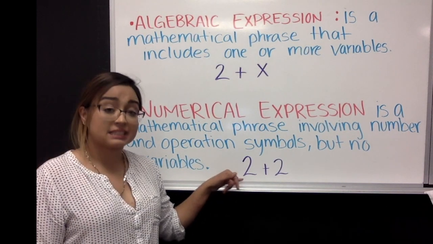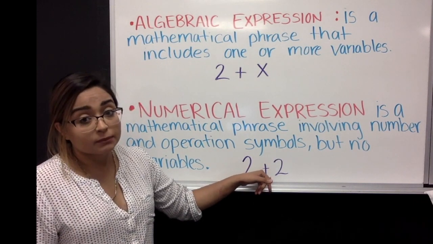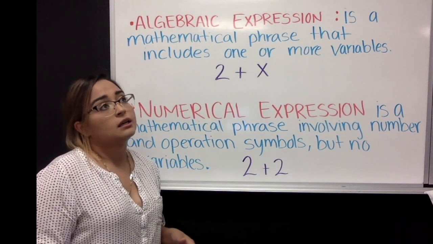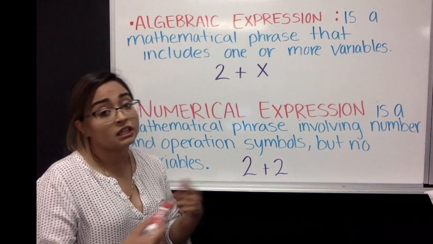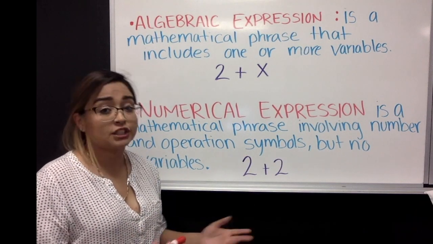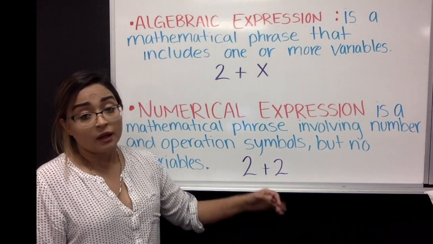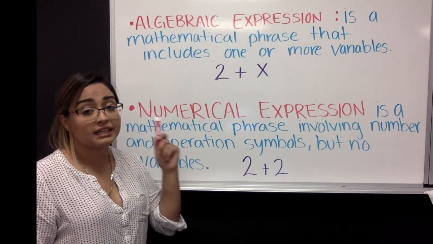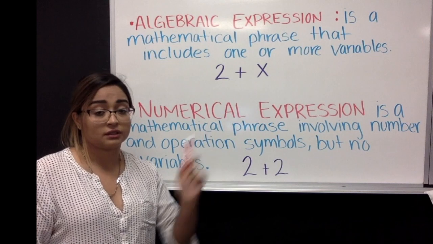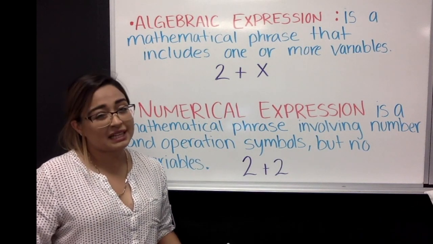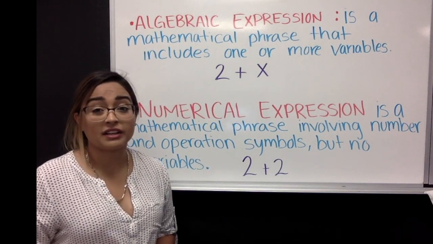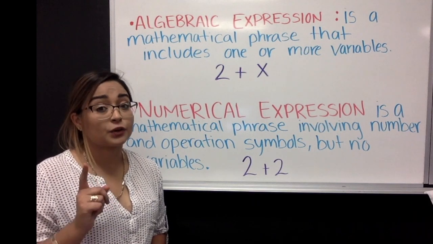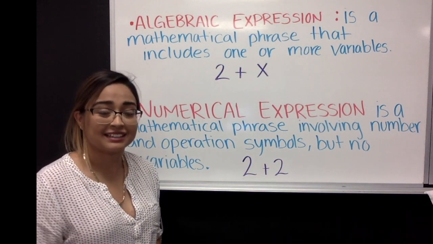So it has numbers and operation symbols, which would be addition, subtraction, multiplication, or division. But it does not have any variables. Then it is a numerical expression. Okay? Make sense? Make sure you have all that in your notes. It will be a great help for your assignment today.